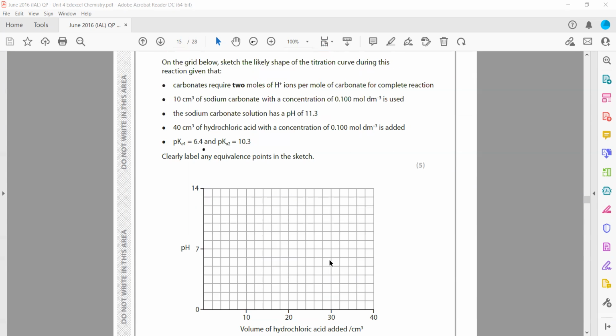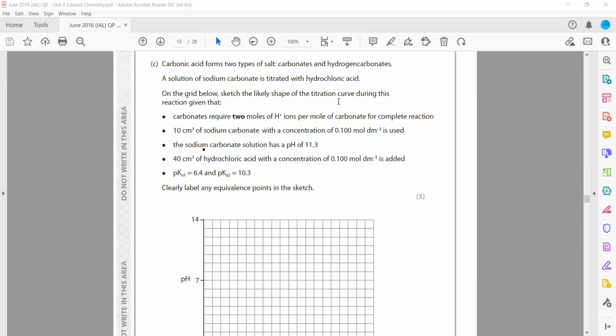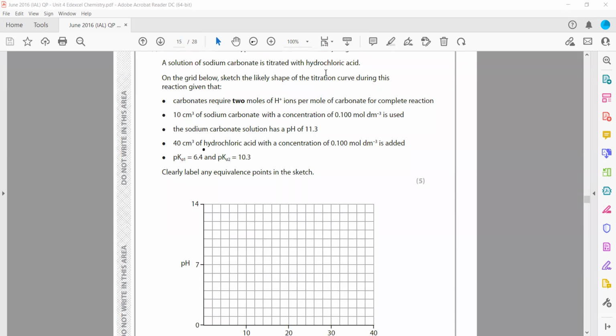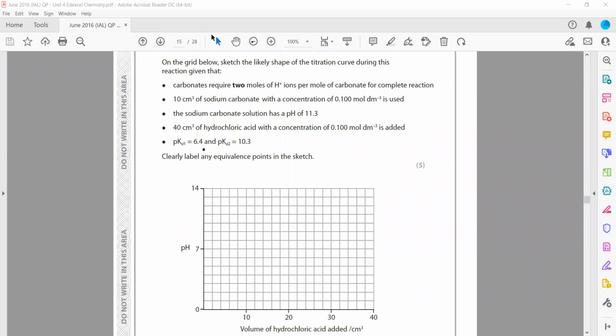This is the volume of hydrochloric acid. If the hydrogen carbonate is reacting, the ratio will be 1:1, so 10 cm cube of acid will react because they have the same ratio. And at pKa2, which is 10.3, there will be a change in pH around 10.3.